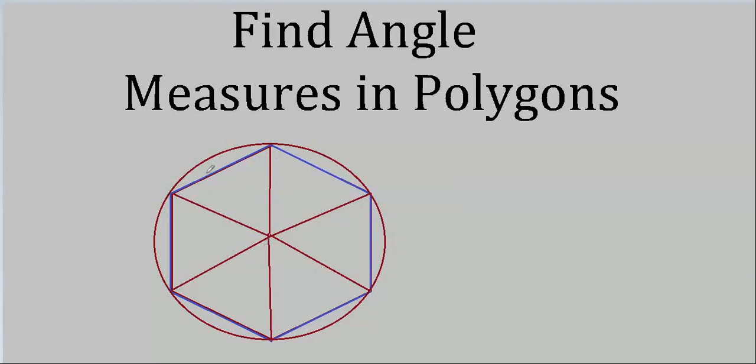This is also a regular hexagon, which means that each of these sides has the same length. So I guess I can put my little hash marks in there like that. Now, I don't mean to say that these sides have the same length as these radii. They don't.